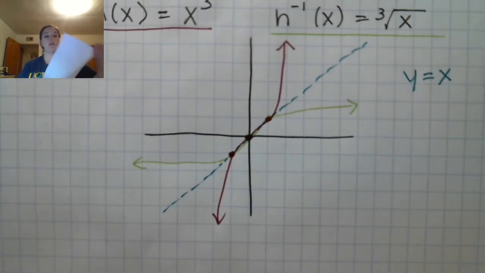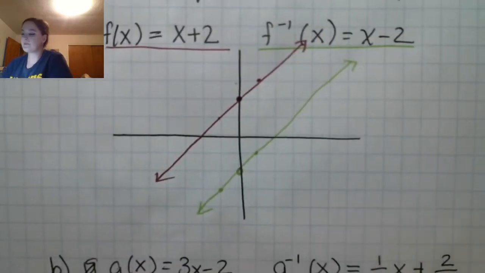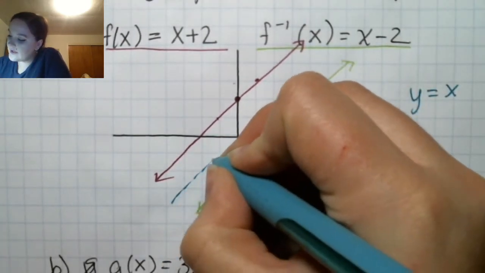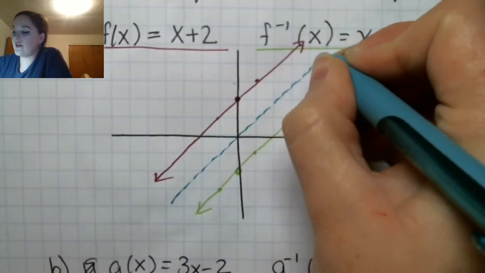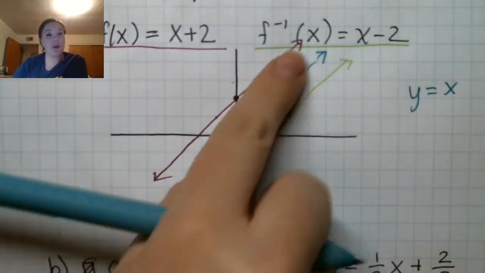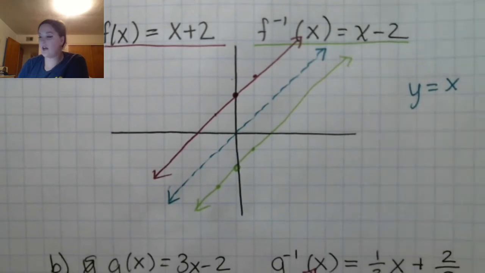Let's look at our other two graphs. We're looking at this graph here. You can see again that they're mirror images across this line y equals x.